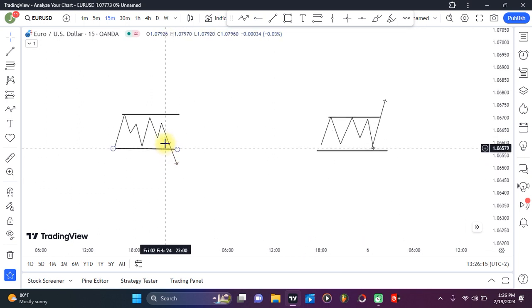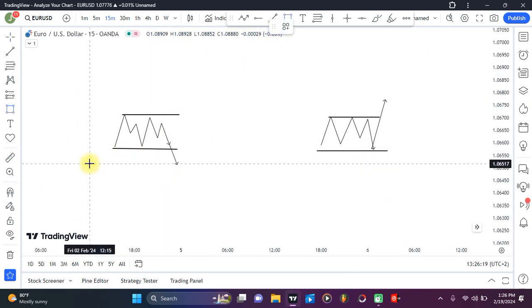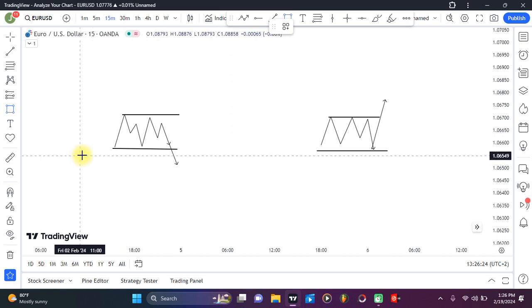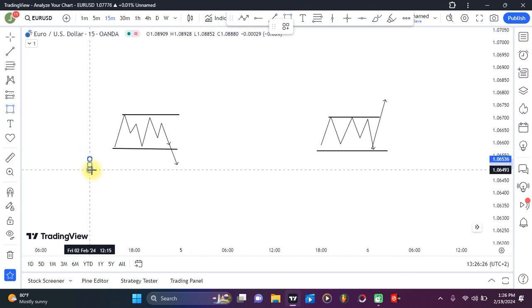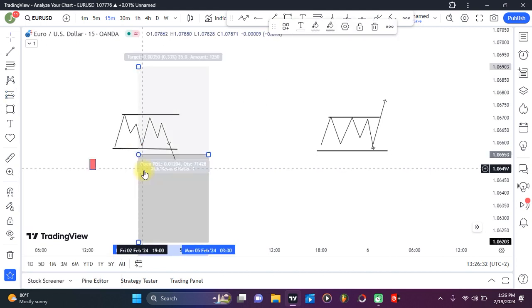Now when the market breaks to the downside, you look for a trading area or a trading zone or a trading order block. So let's say our order block is somewhere here. We wait for the market to reach this order block, and then this is where we open our buying position.